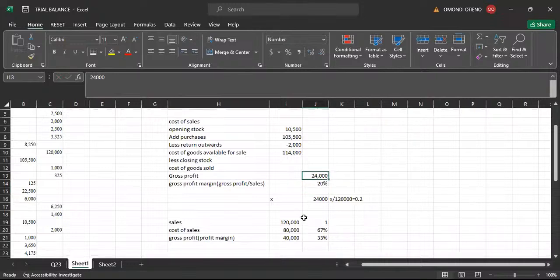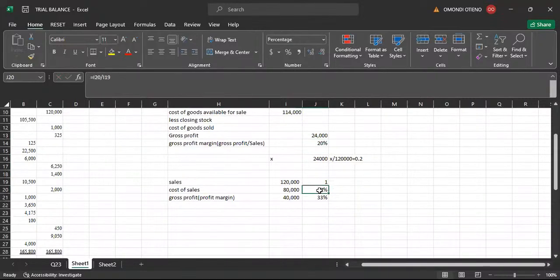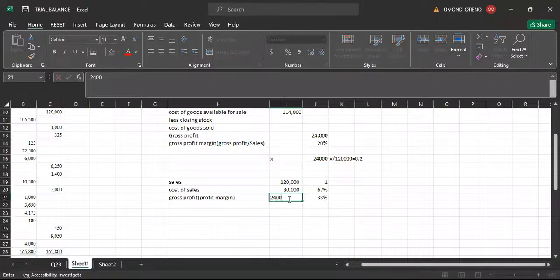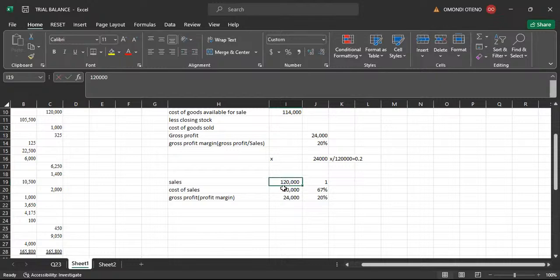If gross profit is 24,000, so here my gross profit is 24,000. And how was I arriving at 40? I was taking 120 minus 80 to give me 24. So what will I have here for me to get 24,000?